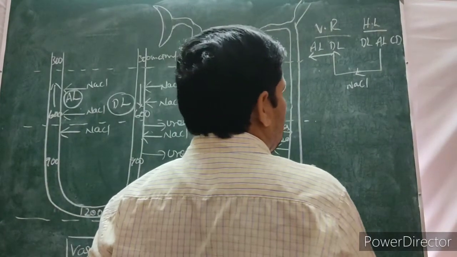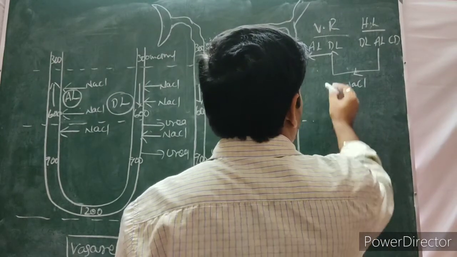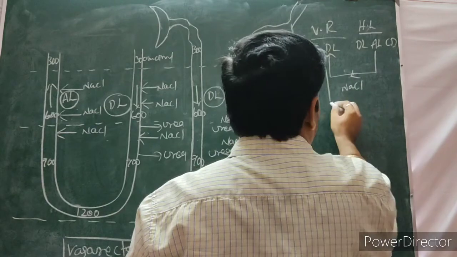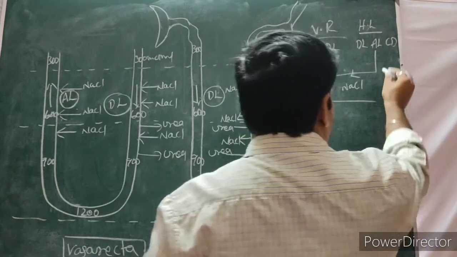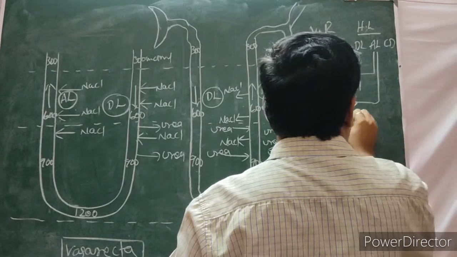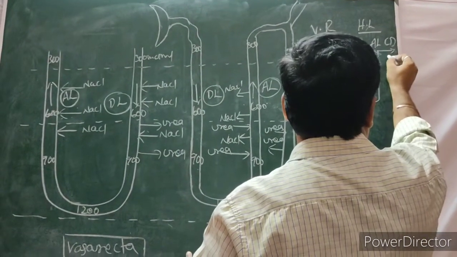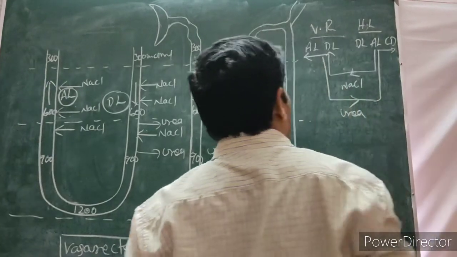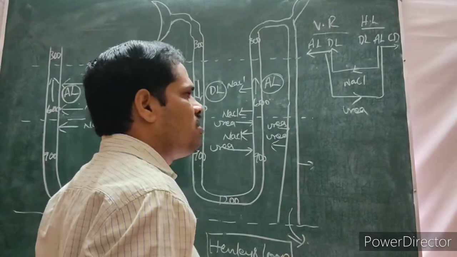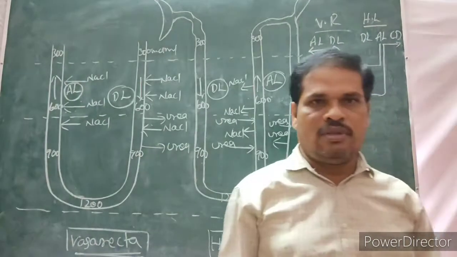Then what about the urea? Urea is moved from the descending limb of the vasa recta to the ascending limb. Then it enters the collecting duct. From the collecting duct, it is released outside. Excess urea is released outside in the form of urine.